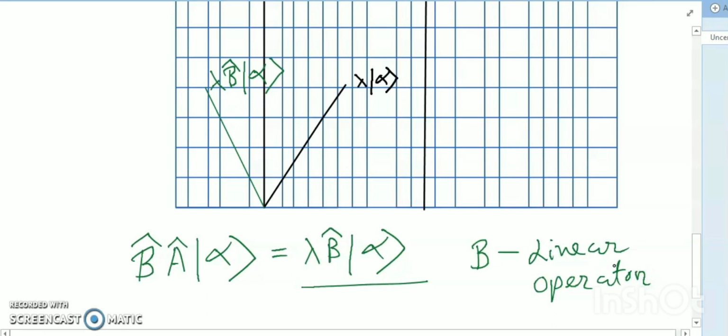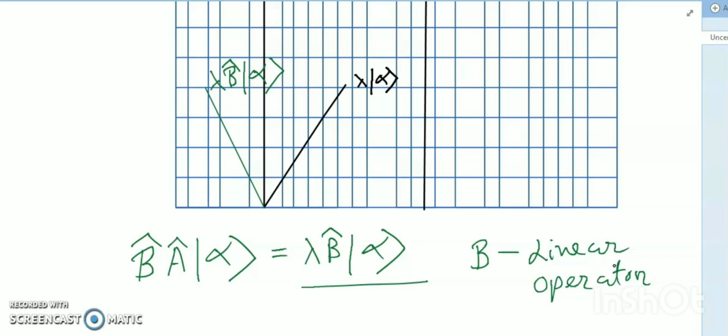Now we want to know how A acts on the vector. Remember that the operators commute, so these two transformations must take alpha to the exact same place.